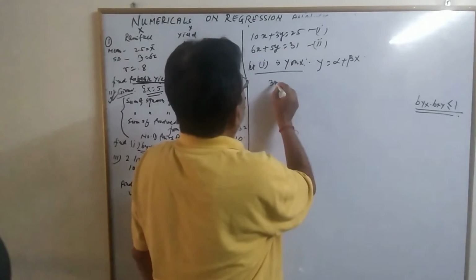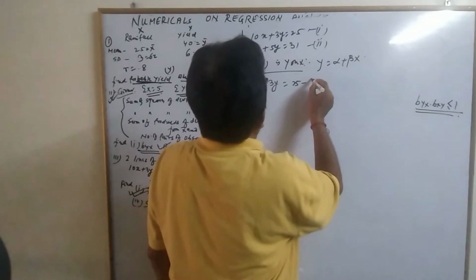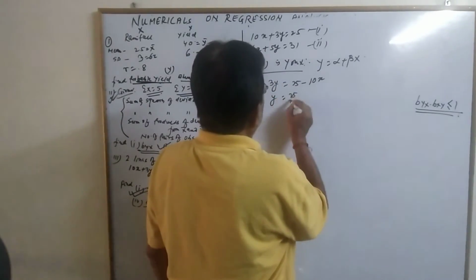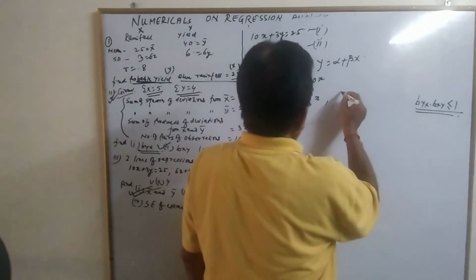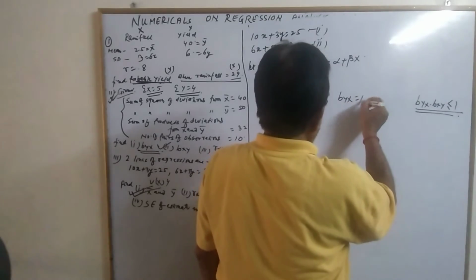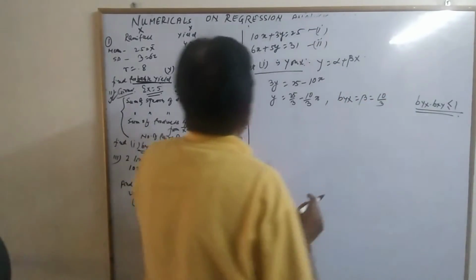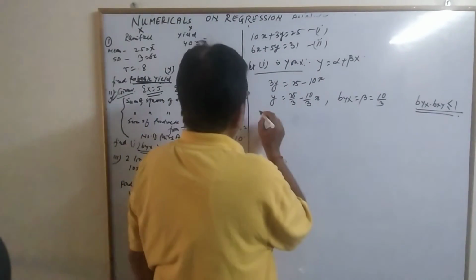So 3y is 25 minus 10x, hence y is 25 by 3 minus 10 by 3x. So byx, or we may call it beta, has come out to be 10 by 3. And if regression equation 1 is y on x, then definitely this is x on y.